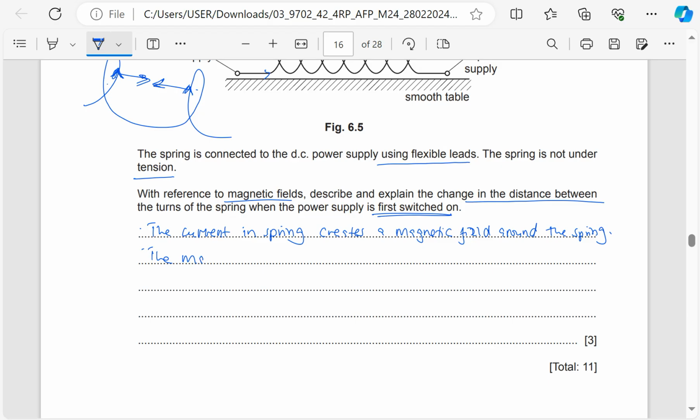So the magnetic fields around adjacent turns interact to cause a force to be exerted between the turns.